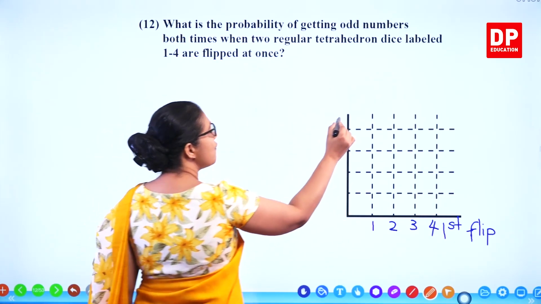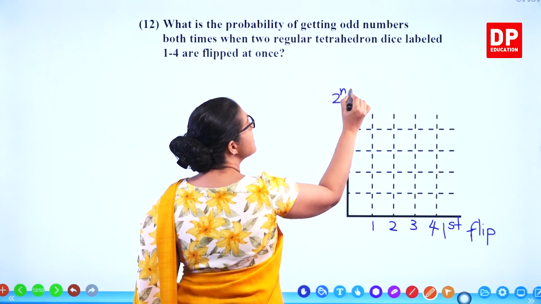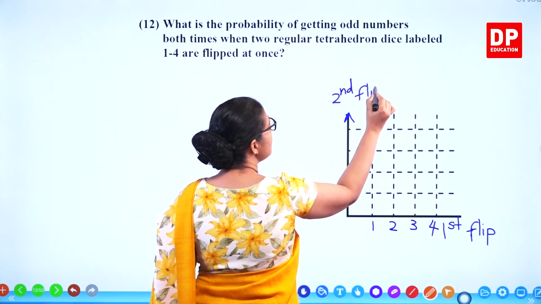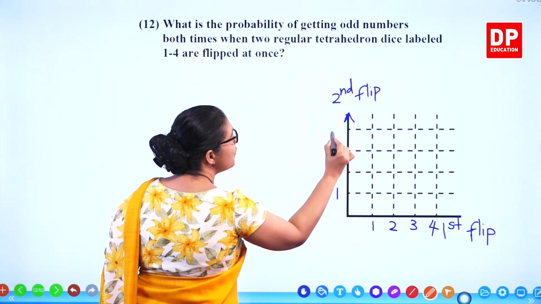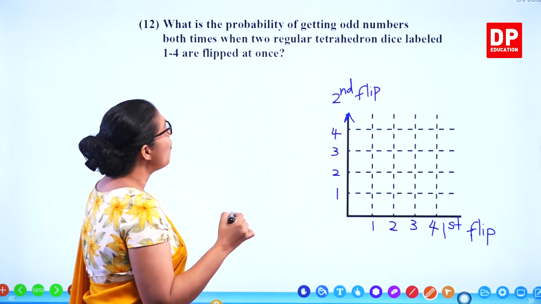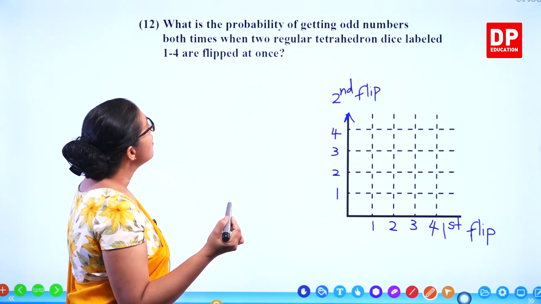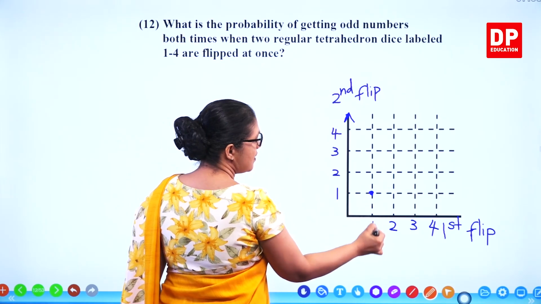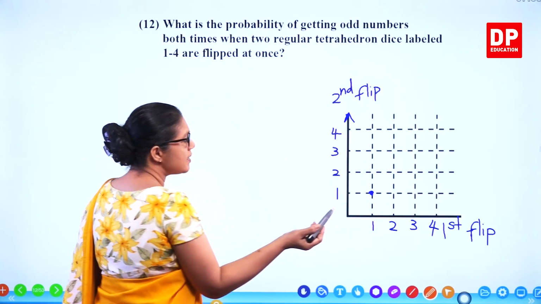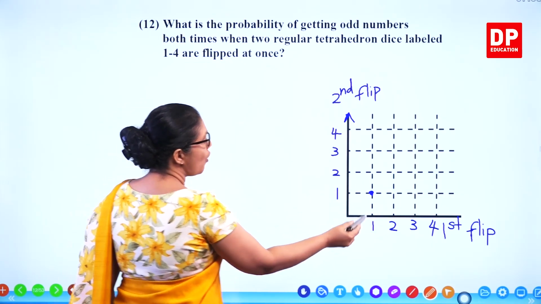What about the second flip? When you take the second flip, you get again 1, 2, 3, 4. What are the possibilities you can get? This is 1 and 1, so you get both odd numbers.